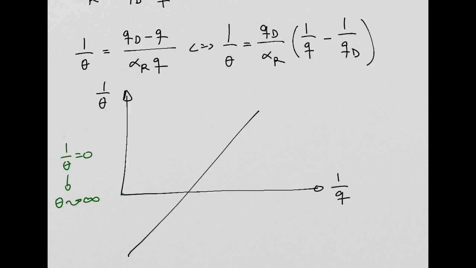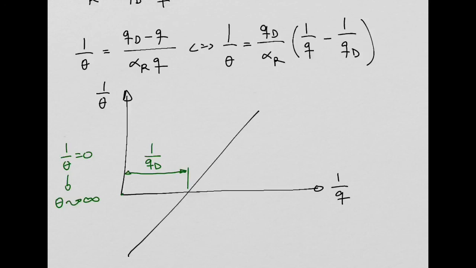So this distance from here to here is my 1 over qd. So if I can get this line, the intersection of this line with my horizontal axis, that distance from 0 is 1 over qd. So I can calculate my divergent dynamic pressure.